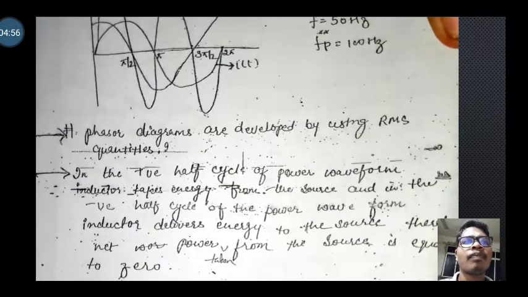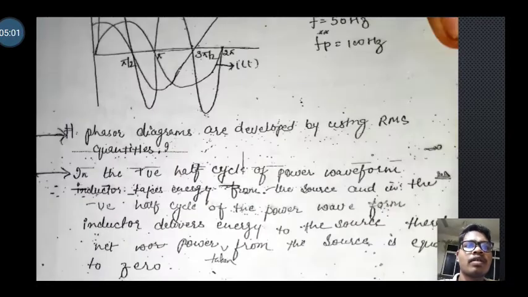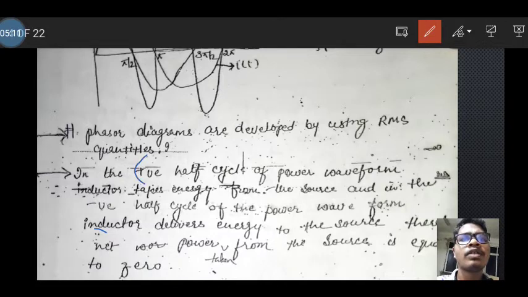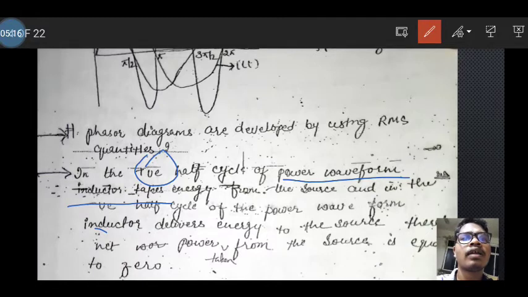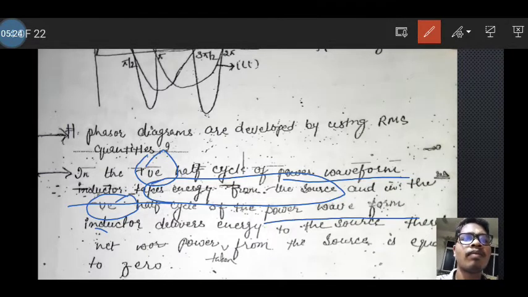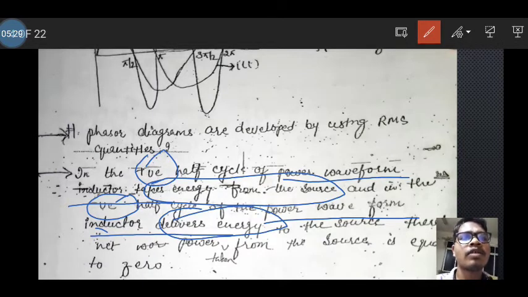Now come to another section. Here we will discuss why the average power is equal to 0. In the positive half cycle, the inductor takes energy from the source, but in the negative half cycle, the inductor delivers energy back to the source.